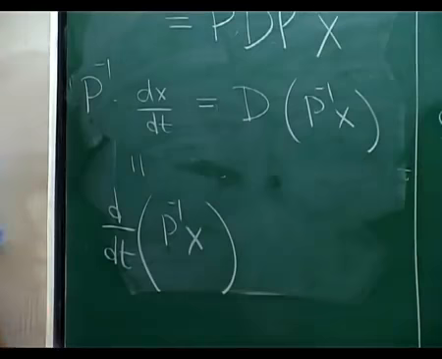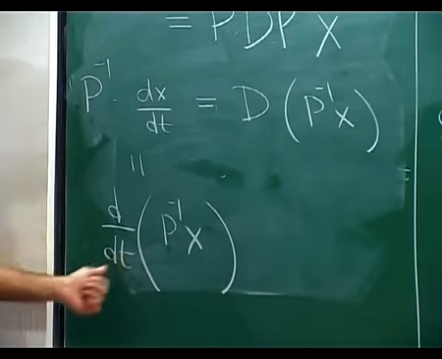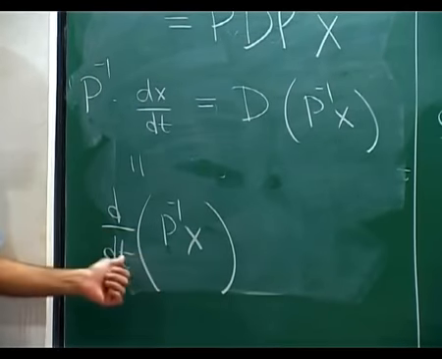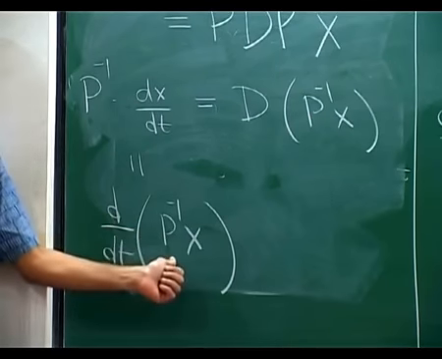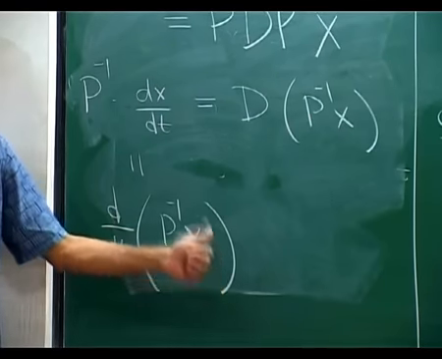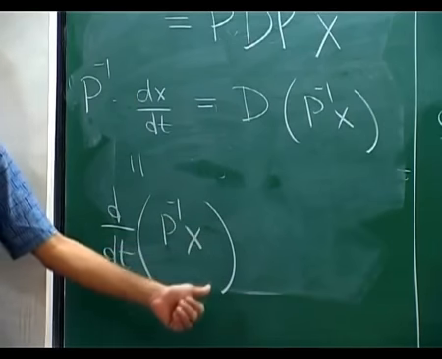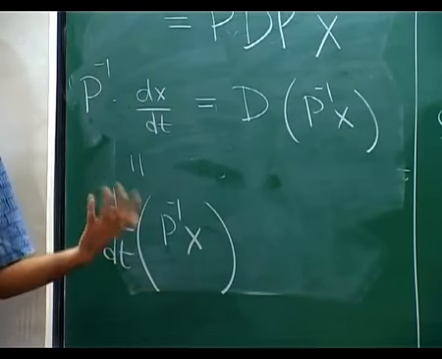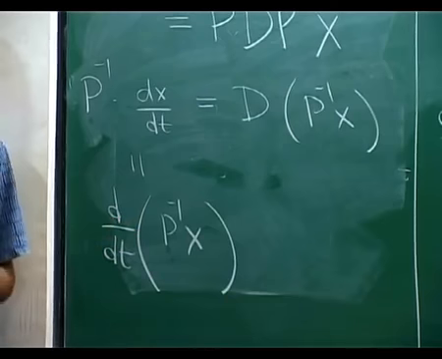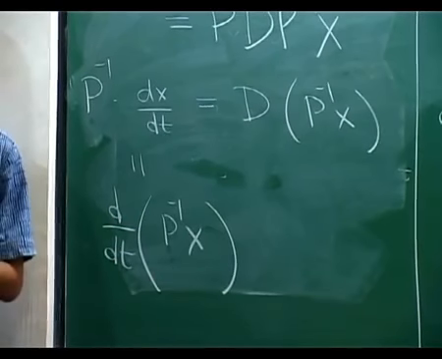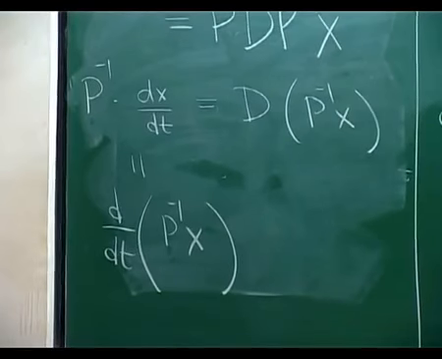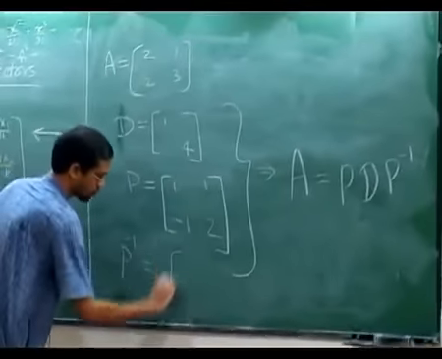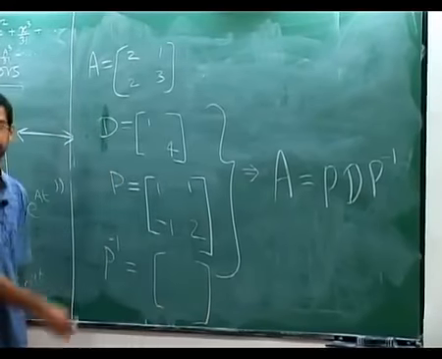That's actually also true in the context of matrices. So if you just believe me for a second, if I try to do product rule on this product, what will I get? I'll get two terms. First term is derivative of P inverse times X. Second term is P inverse times derivative of X. But P inverse is a constant matrix. It doesn't have any t in it. It just has 4 numbers consisting of the inverse matrix of P. So let's calculate P inverse here. A 2 cross 2 matrix inverse is very easy, right?